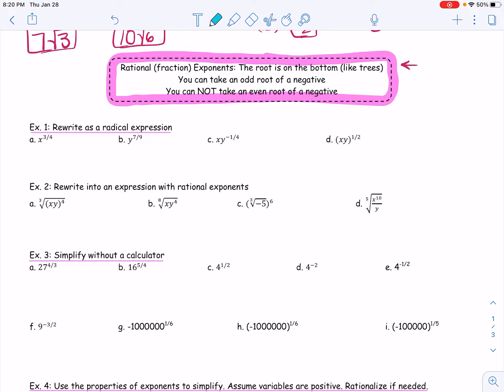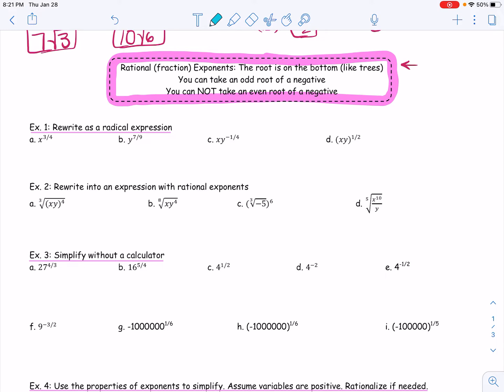There's no way that I can take an even root of a negative number, because anytime I square a negative, I get a positive, or if I square a positive, I get a positive. So there's no way that I multiplied something by itself and got a negative number. Therefore, I can't take the square root of a negative, which is why we had those imaginary numbers. But that's true for all even roots, not just 2. 4th root, 6th root, 8th root, etc.